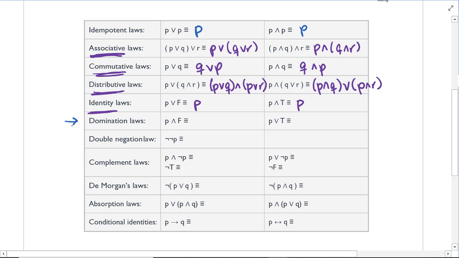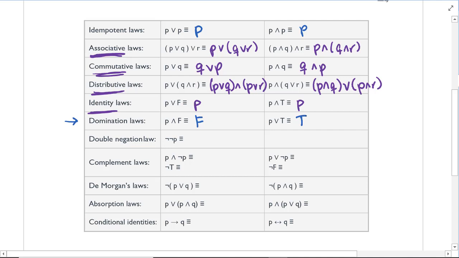Skipping the stuff that we've already done, P and false is necessarily going to be false. That's kind of like multiplying by 0. Saying P or true is definitely going to end up being true. I can't really think of an analogy for that one, but that's going to end up being true.